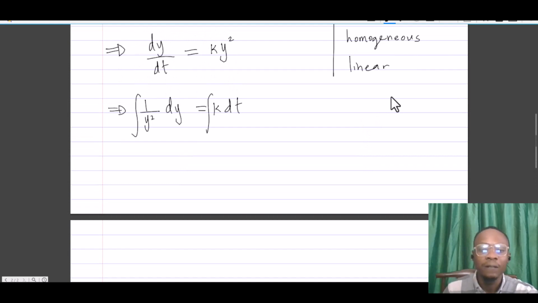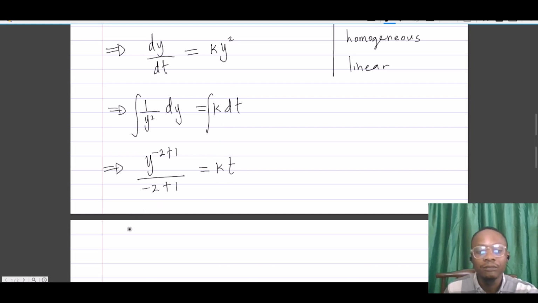So going further, we now have, what is the integral of 1 over y squared with respect to y? Of course, that is y to power minus 2. So this is basically y to power minus 2 plus 1 divided by minus 2 plus 1. And this is equal to, k is a constant, so we can move it out. That is k multiplying t.